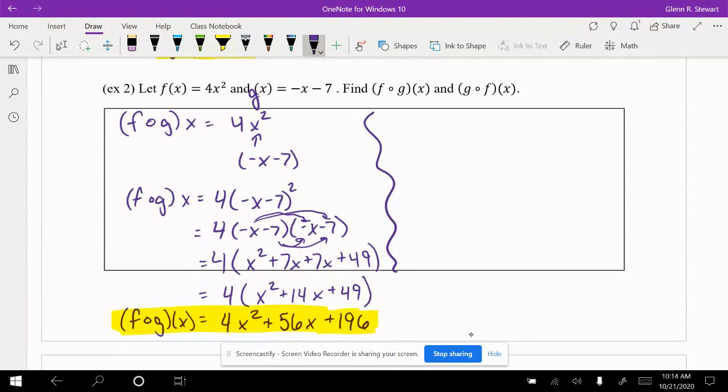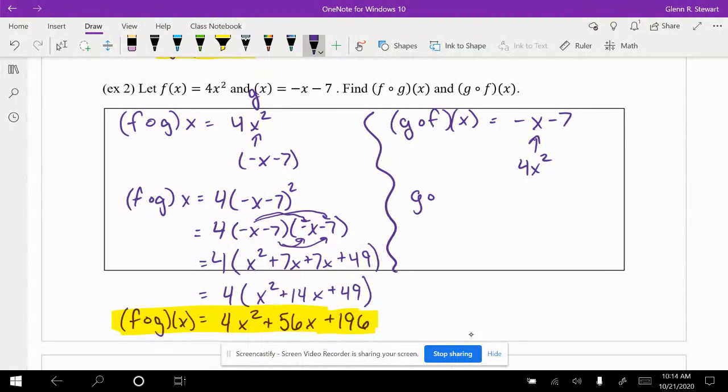On the other side, we've got g of f of x. So we're going to start with the g first, which is -x minus 7. And remember where that x is where the f of x is going to go. So in this case, we're going to plug in 4x squared.